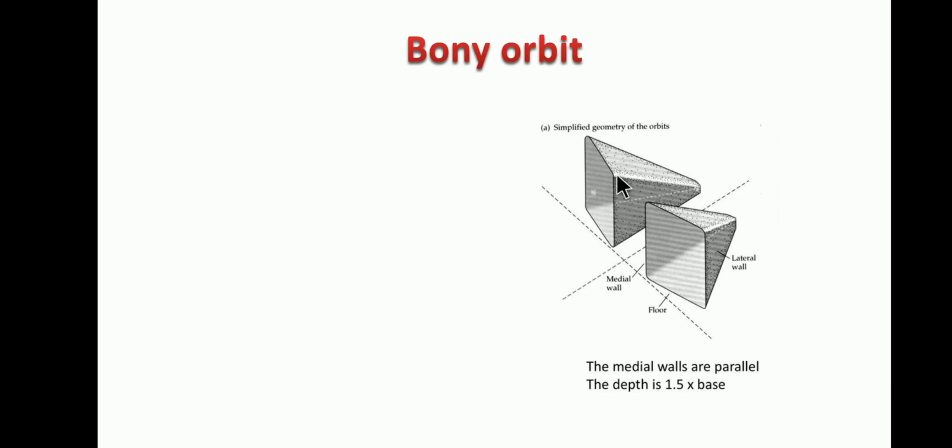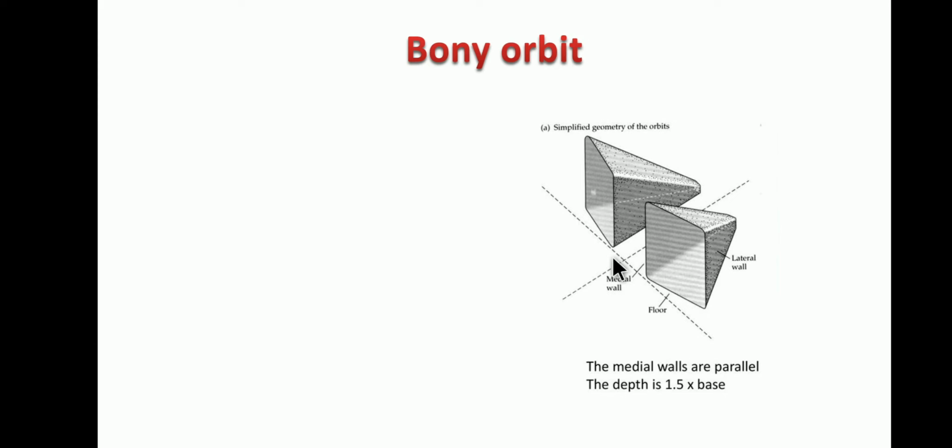That means the base of the pyramid forms your orbital margin, and the apex of the pyramid is not exactly at the opposite end, but is directed somewhat medially. So posterior-medially you have the apex. Both the apices are somewhat nearer to the median plane or mid-sagittal plane.